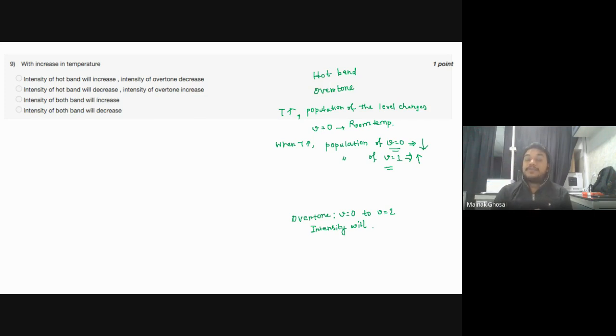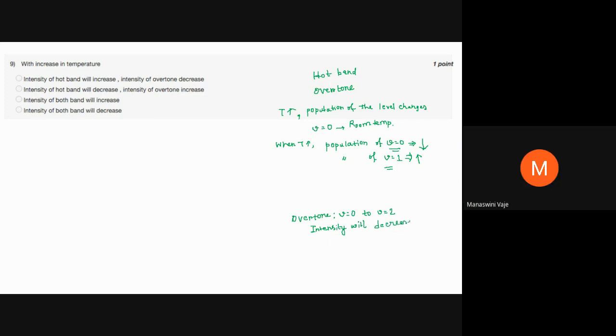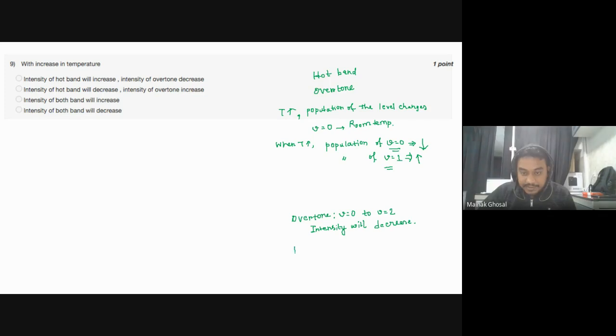Your intensity will decrease because fewer molecules are available in the V equal to 0 state. So for the overtone transition, V equal to 0 to V equal to 2, since your V equal to 0 population is gradually decreasing, your intensity will decrease, right? Yes, decrease. Exactly.